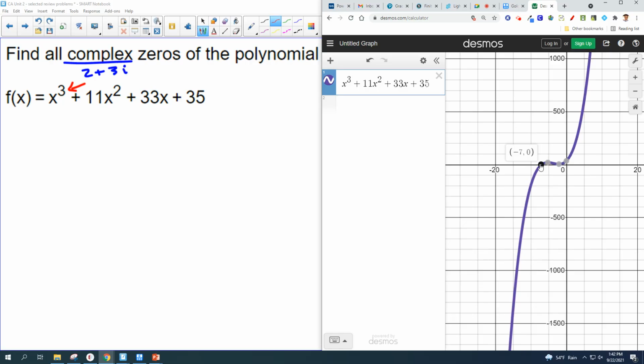I only have 1 x-intercept, which is weird because we were expecting there to be 3 zeros. But that just goes back to the fact that some of the zeros are going to be complex. They're going to have imaginary parts. So of course you can't see them if they're imaginary. Now, one thing about Desmos is it helps me see the one that I know of. -7 is one of my zeros.